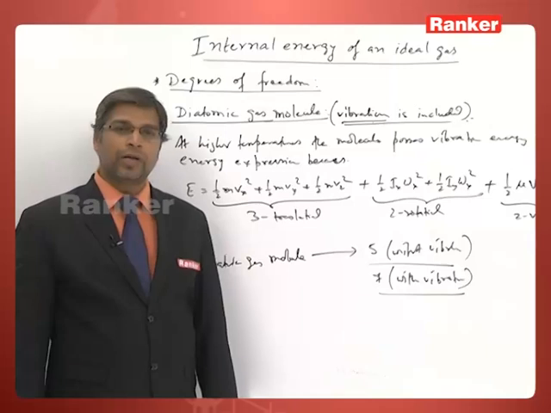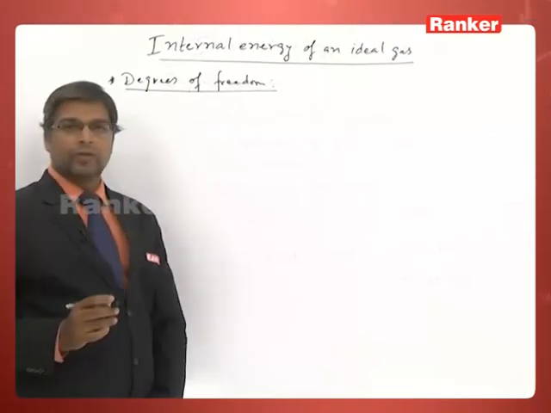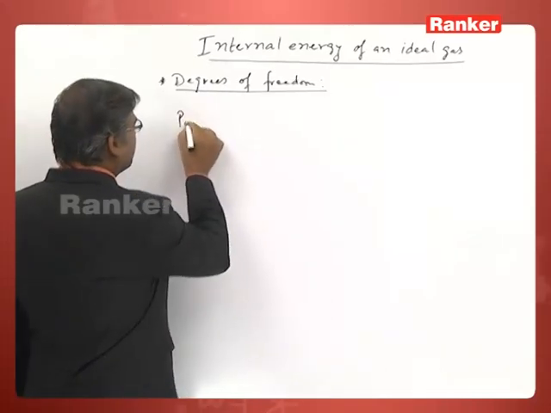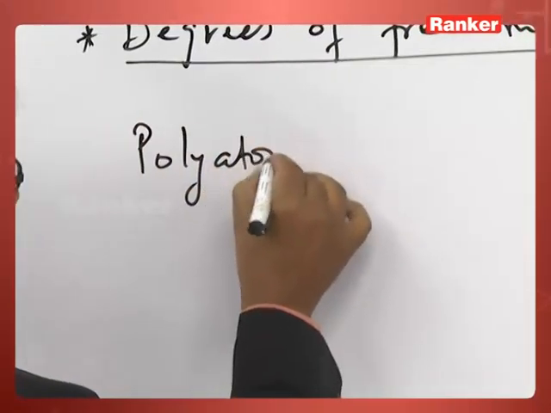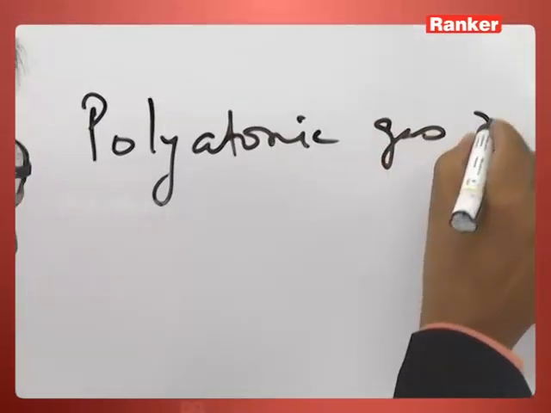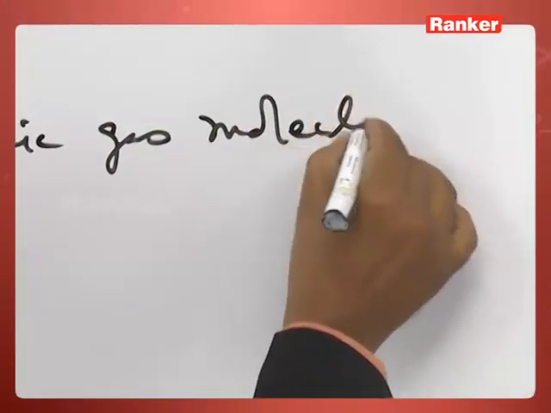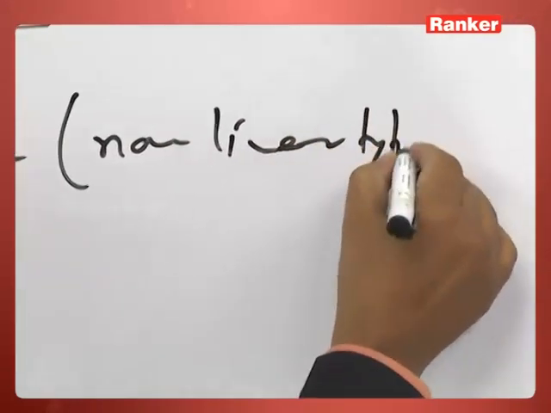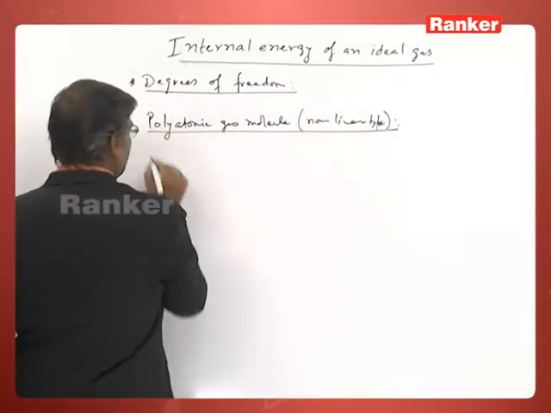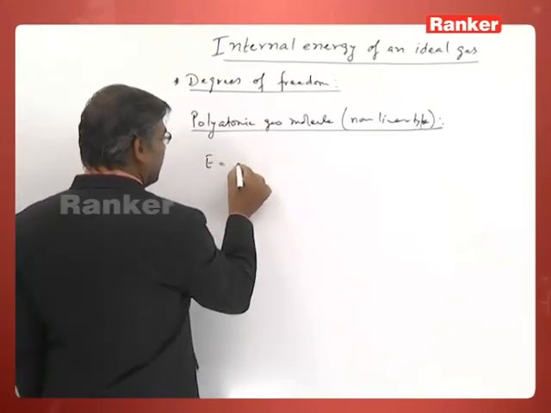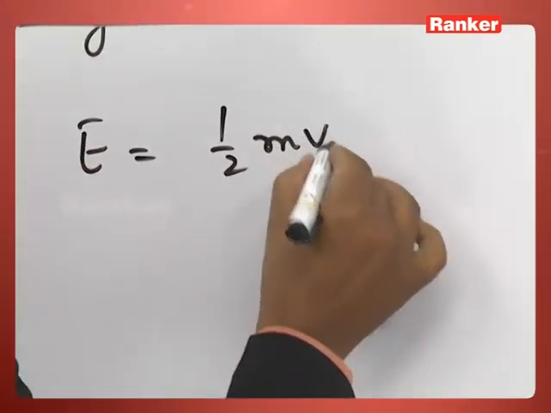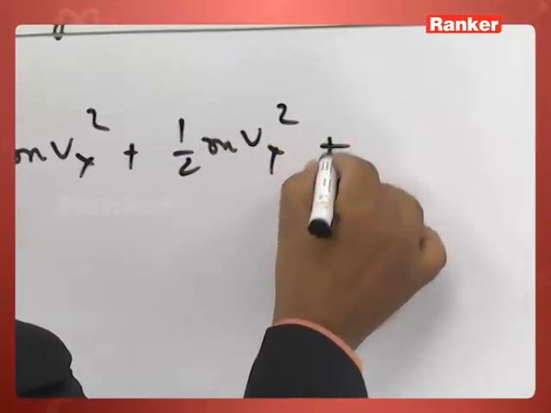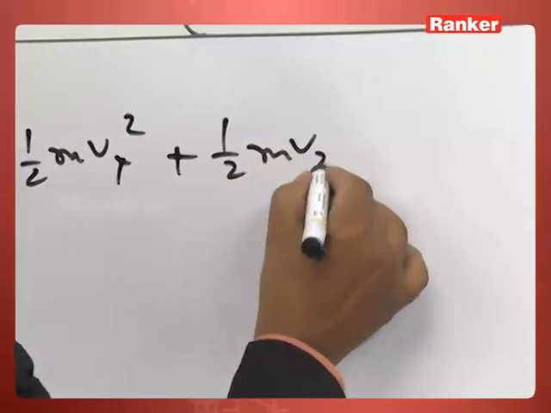Now, let us come to the polyatomic gas molecule, non-linear type. So, again we are going to use E as half mvx square plus half mvy square plus half mvz square.